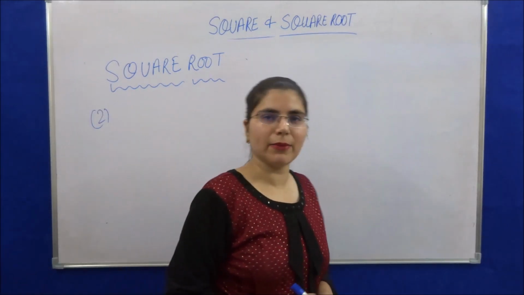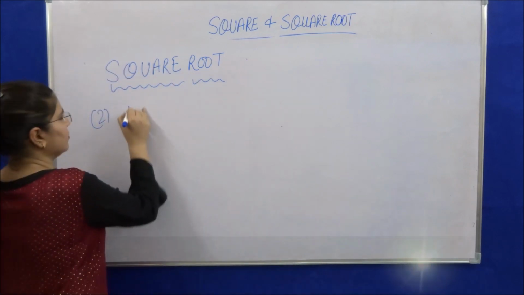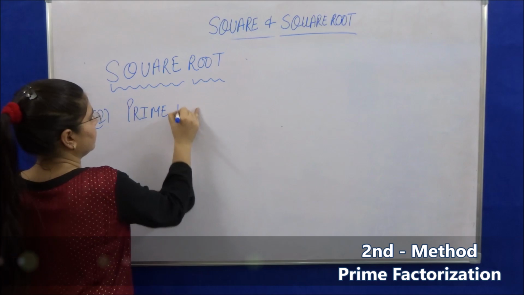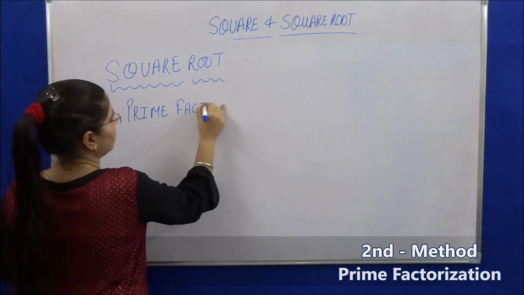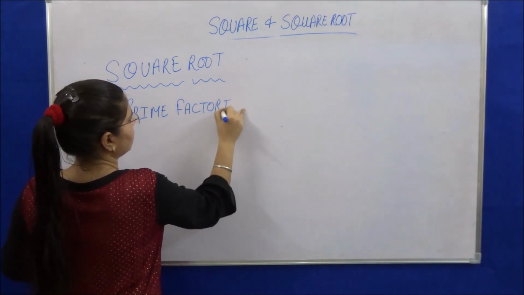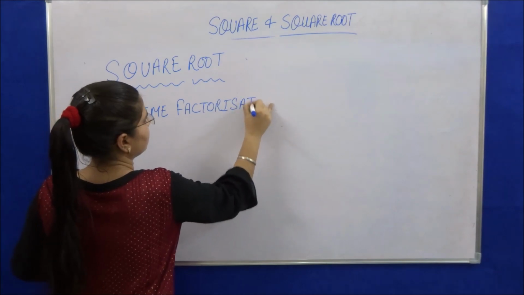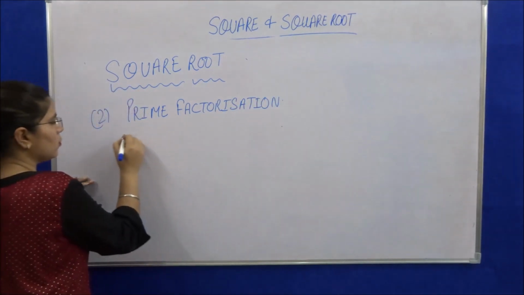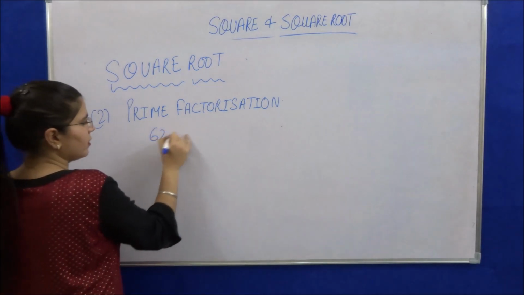Now our second method is prime factorization. Let us consider the number 625.